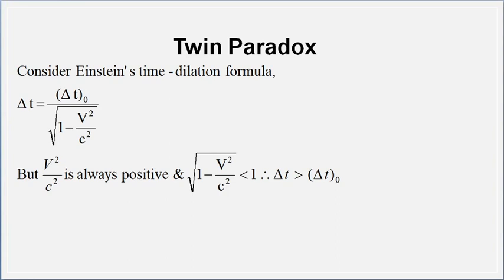Similarly, they have found this with elementary particles. An elementary particle has some lifetime, because one elementary particle is transformed into another. The time interval during which that elementary particle remains of the same type is called its lifetime.